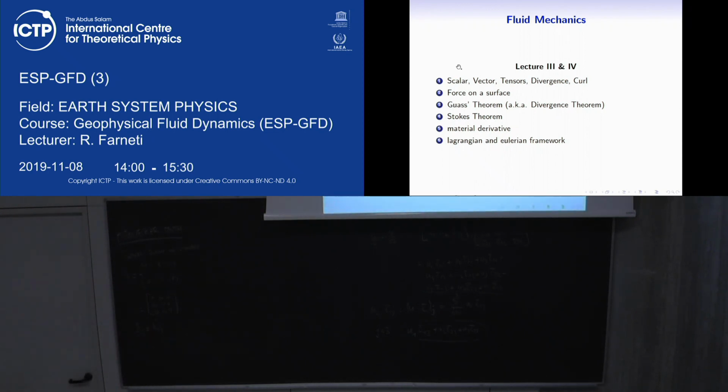Why is this a useful tensor? Because you can use it to do something useful like delta ij uj is equal to ui.